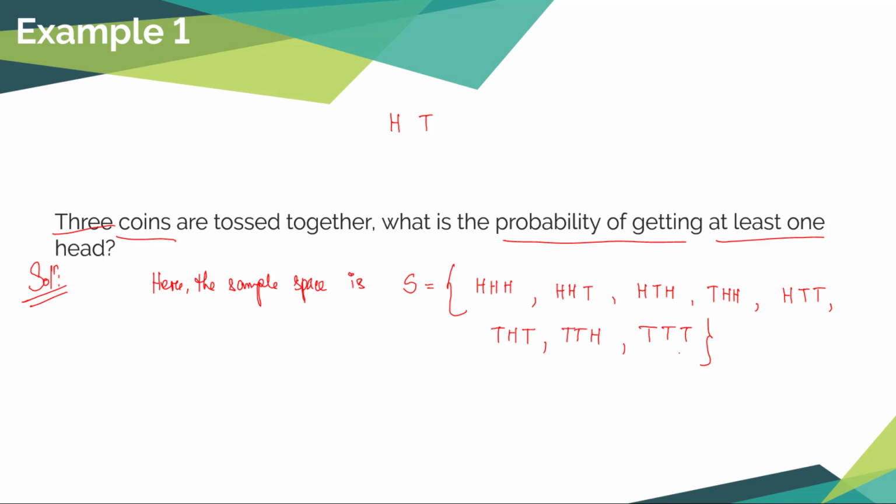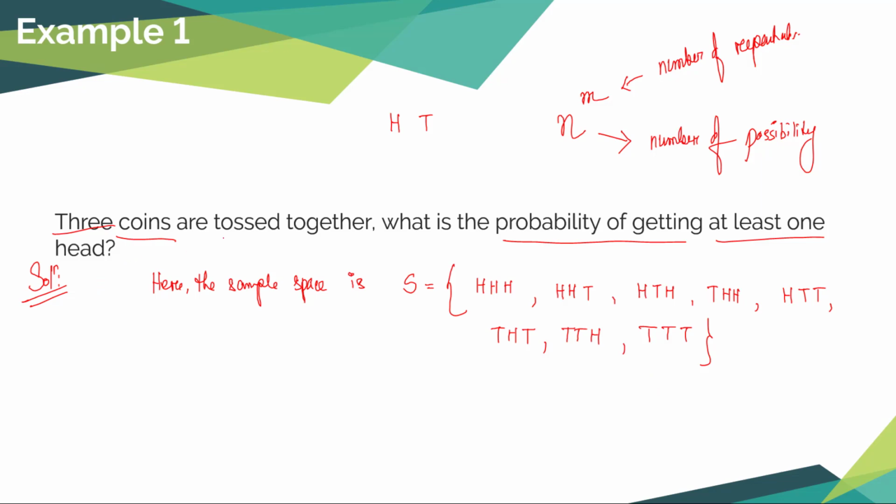Now how do I know that this one is the last one, that I don't have any more possibilities? For that, there is a formula, right? The formula is n to the power m, right? What is n? n is the number of possibilities and m is the number of repetitions.